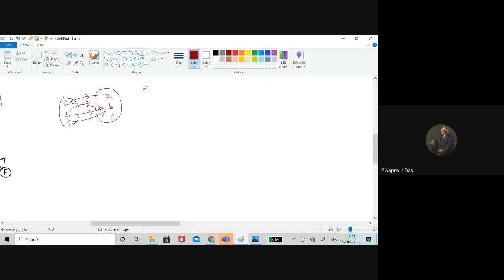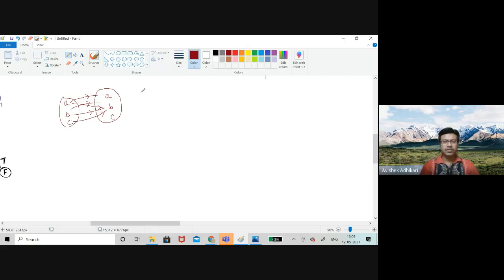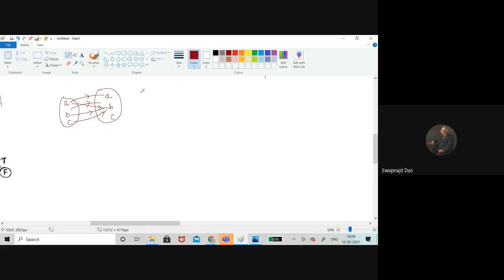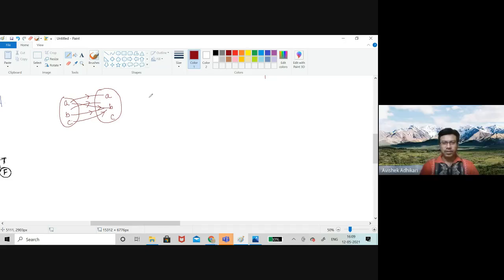No, sir. Why not? Because A goes to two elements, A and B. So according to the definition, it is not a mapping, not even a function. Function and mapping are the same thing.